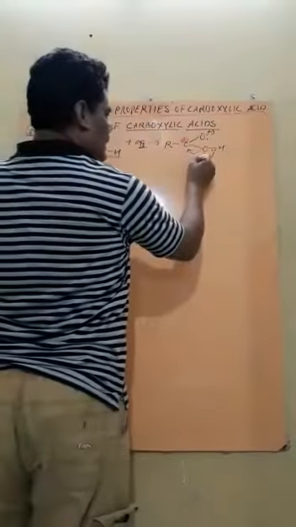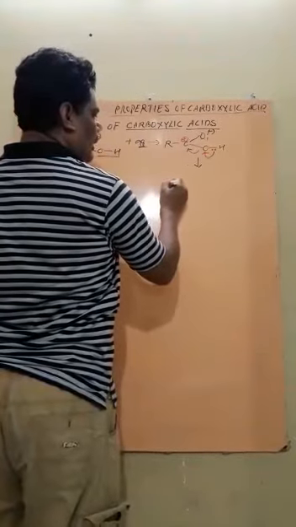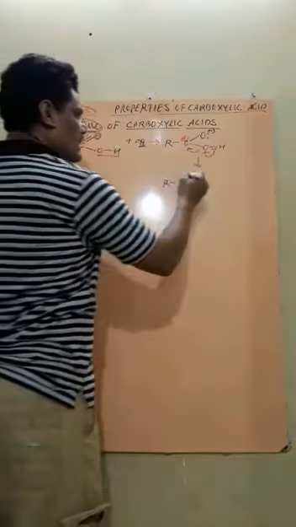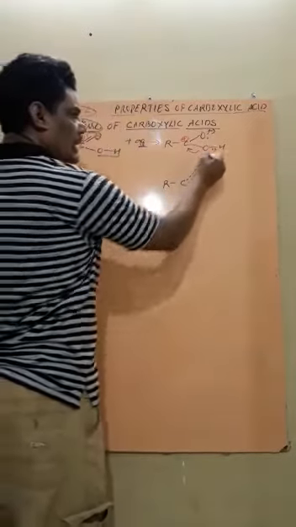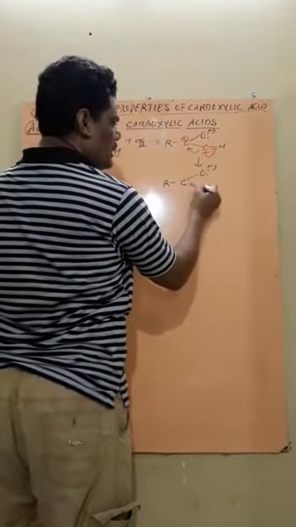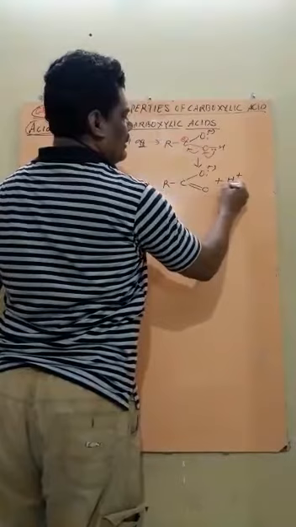Thus, it can easily release H cation, and RCOO becomes an anion, plus H cation. That is, it can simply release H cation. Are you getting?